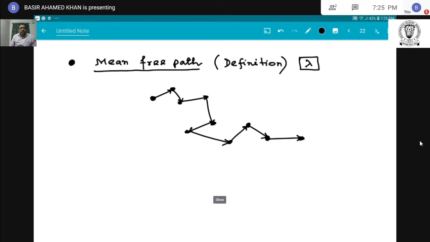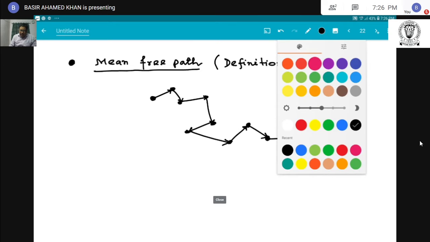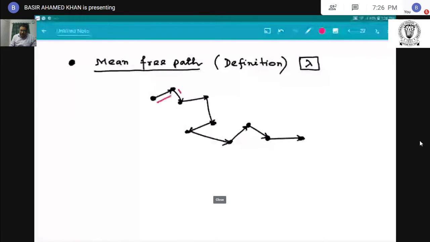Between two collisions, the gas molecule moves in a straight line path, and this path between two collisions is called free path. That means this is a free path, this is a free path, this is also a free path, and these are straight line paths.